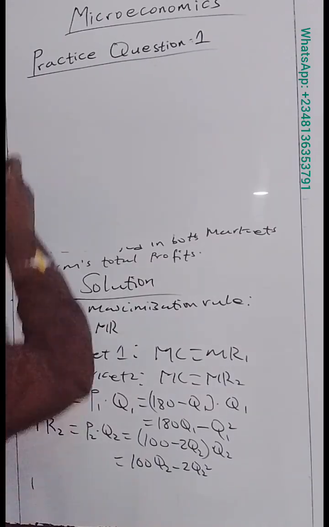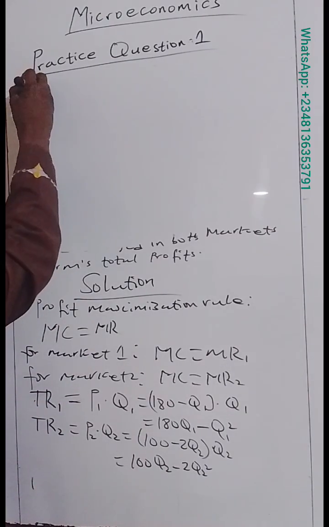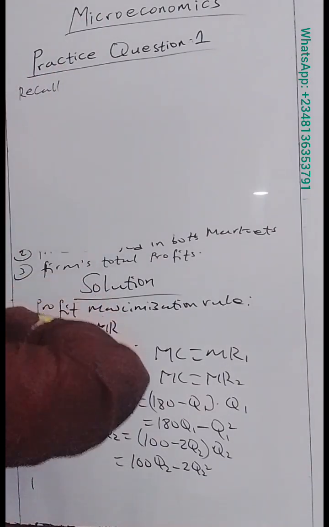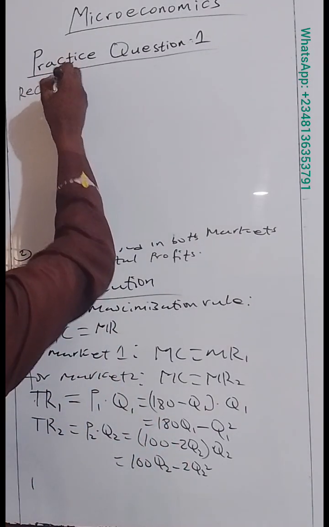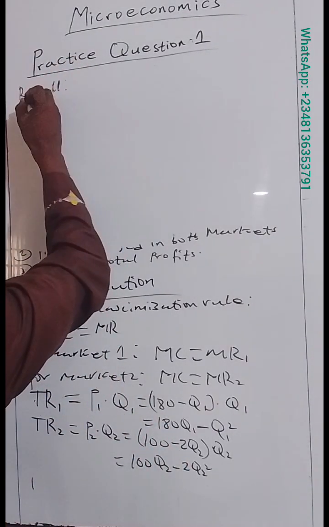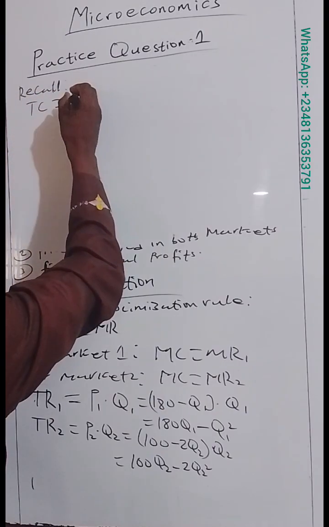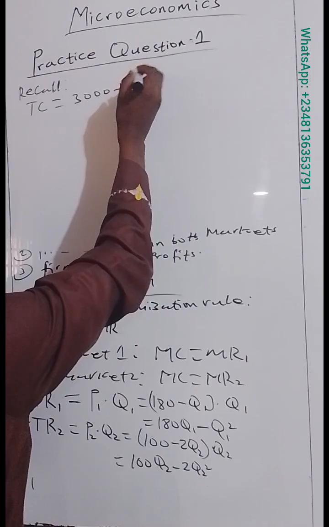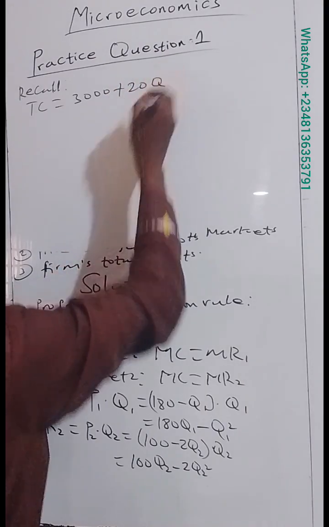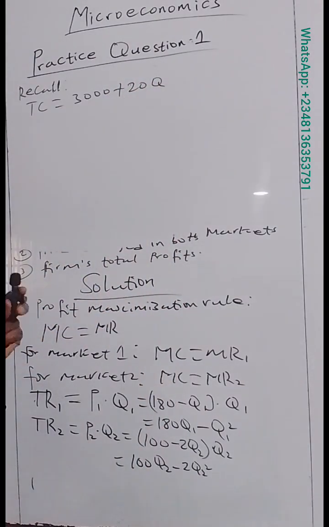So what we are going to do now is recall that you have TC equal to 3000 plus 20Q. So this is the linear function.